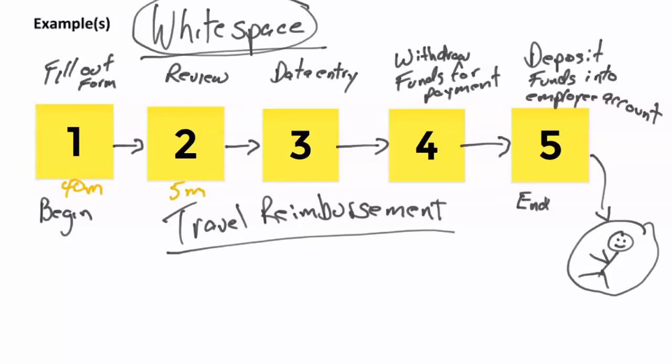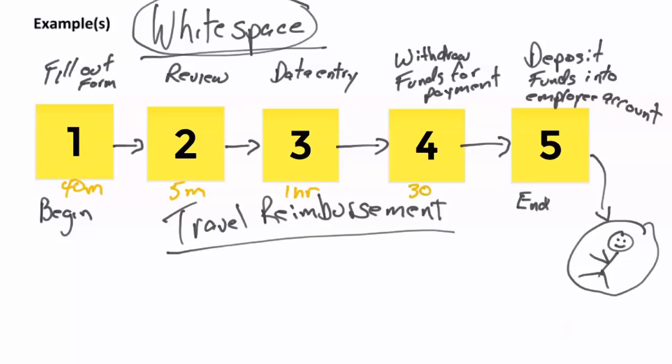The data entry that took place, because this was a paper-based form that got passed around by our accounting group, let's say that that took an hour. To withdraw the funds for payment from the company's banking accounts and the creation of that check, let's say that takes another 30 minutes to an hour.